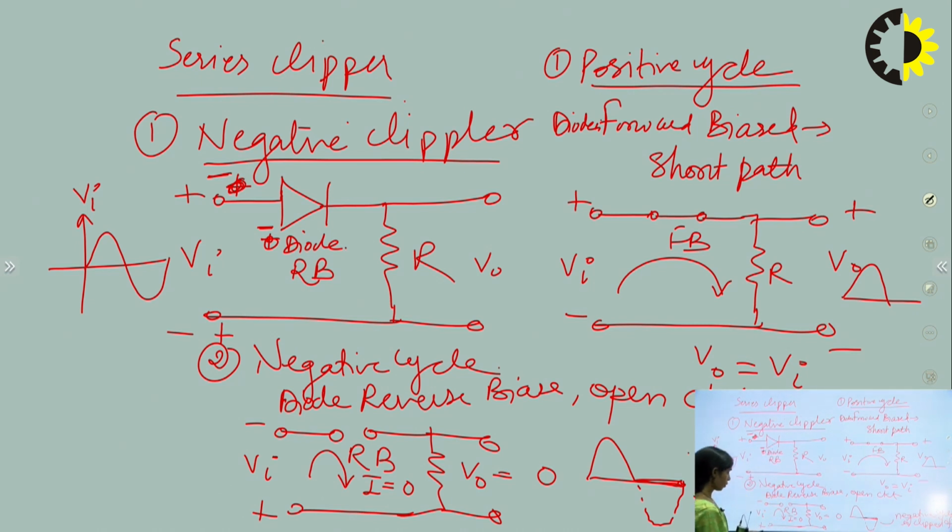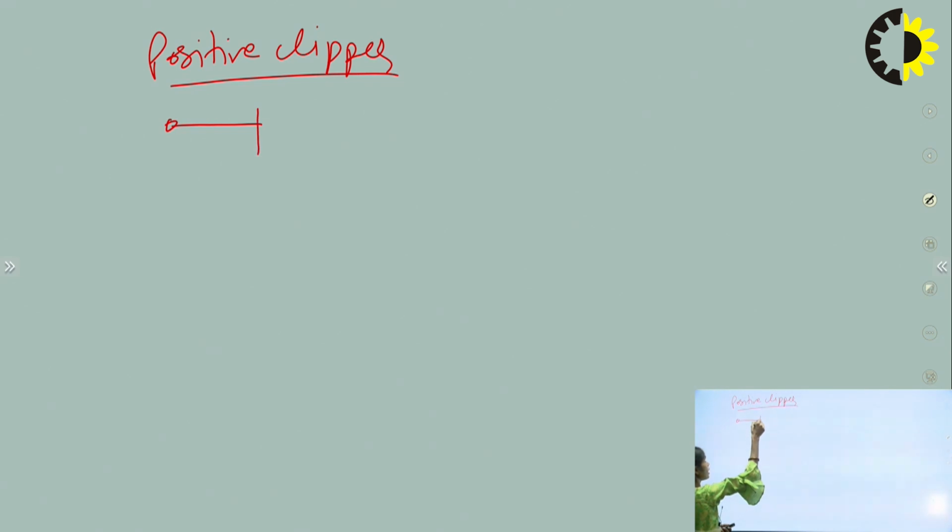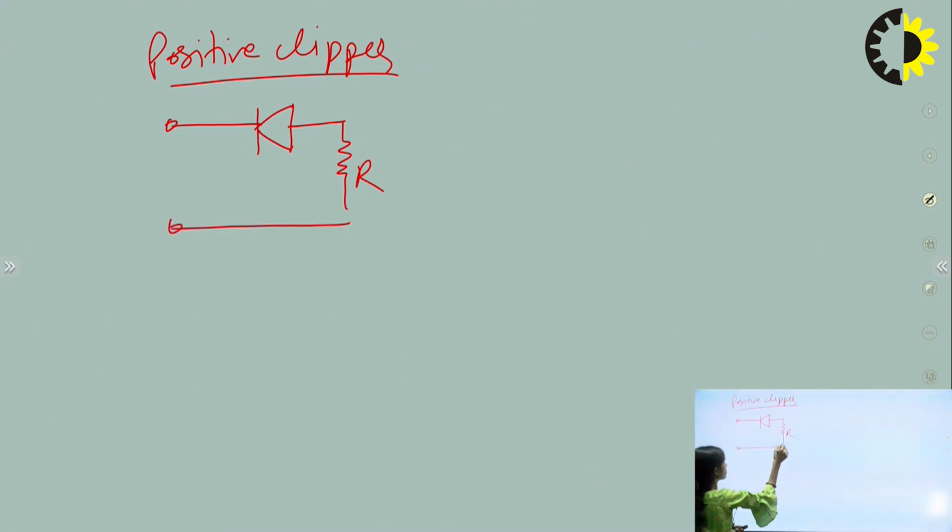Similarly, we can also make a positive series clipper. For the positive series clipper, we have the circuit in the same way, only the diode direction will be reversed. So this arrangement will give you the positive clipper circuit. Again, the analysis can be done in the same way as for the negative clipper.